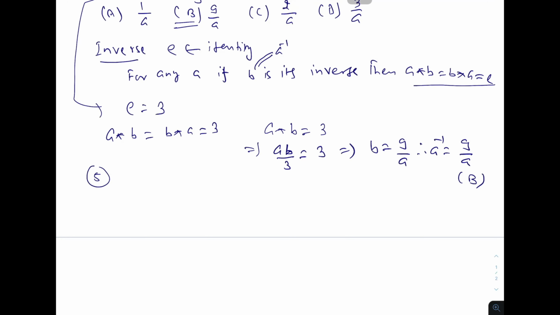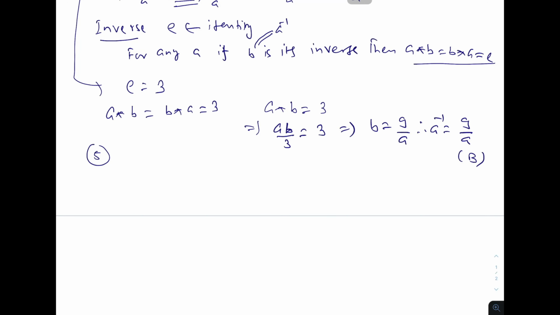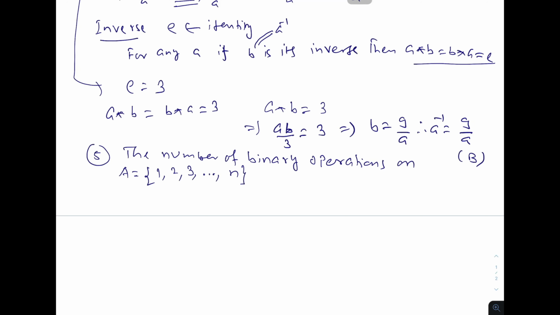Let us take one more. These are the two results that you need to remember. One, the number of binary operations on a set A equal to 1, 2, 3 and so on up to n, that means a set having n elements, is blank.